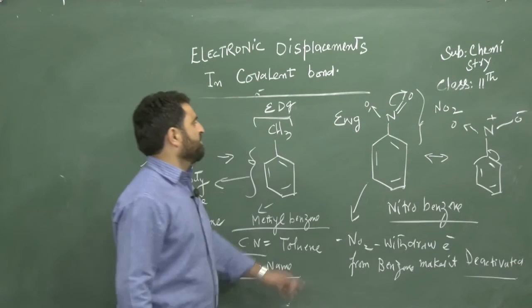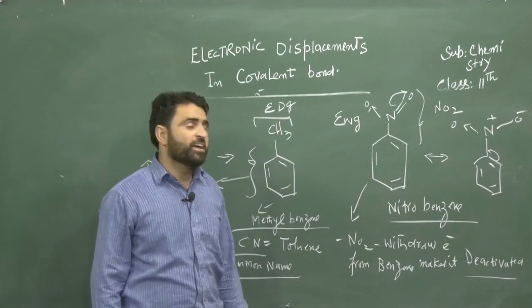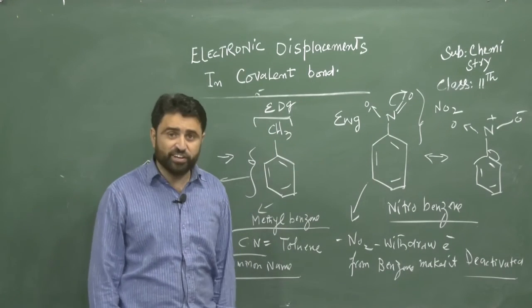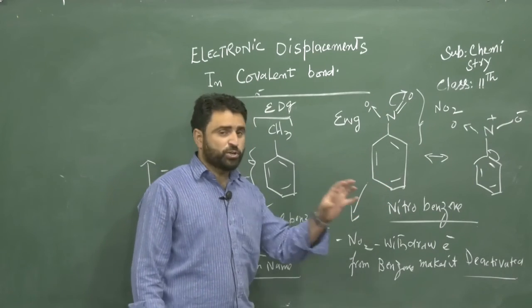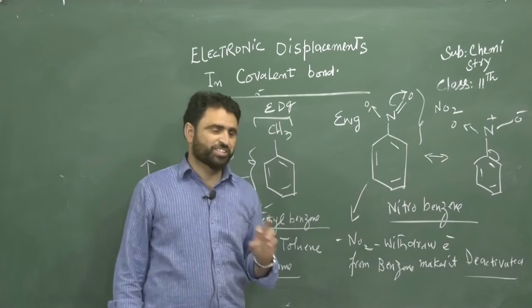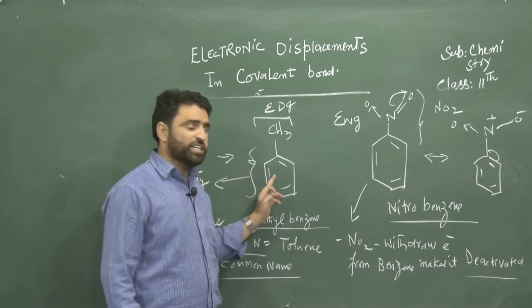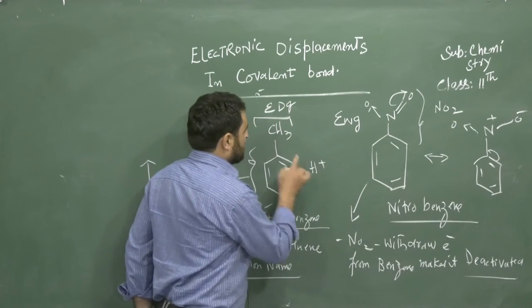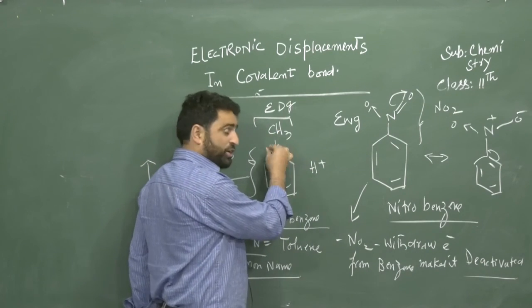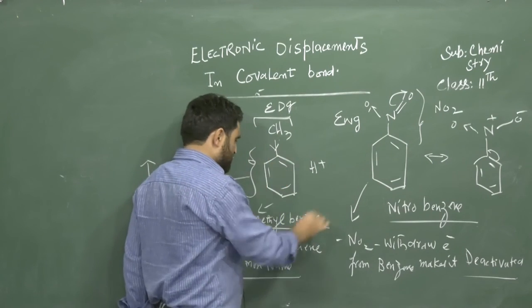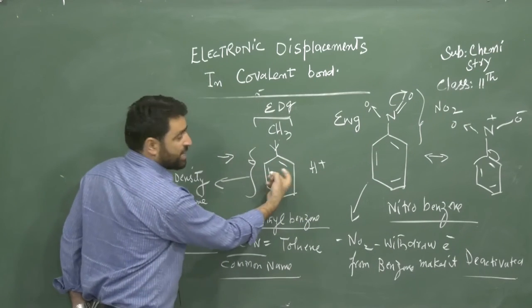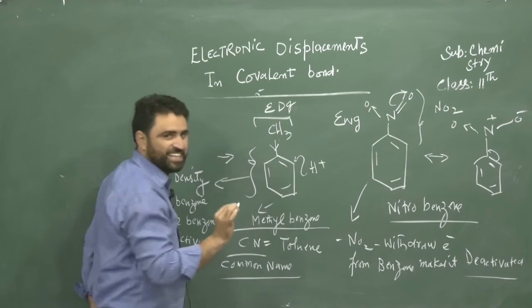Should I say electron withdrawing groups are deactivating groups, and electron donating groups are activating groups? Deactivated towards H positive species, but the donating group encourages H positive because it is an electron donating group. When you donate, electron density increases on benzene, so H positive will attack here easily.